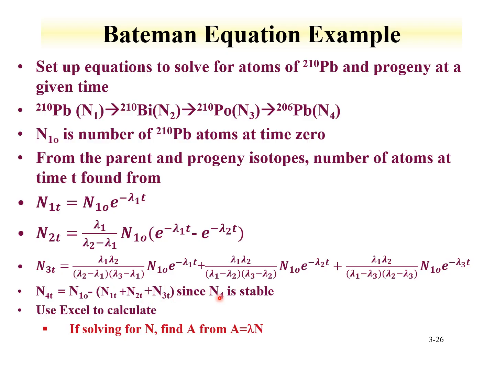We don't need to account for the decay of the lead-206 because it is stable. We can set this up in Excel and calculate for the number of atoms of the parent and the progeny at any given time. And since we know the number of atoms, we can also calculate the activity by multiplying the number of atoms by the decay constant for that isotope.